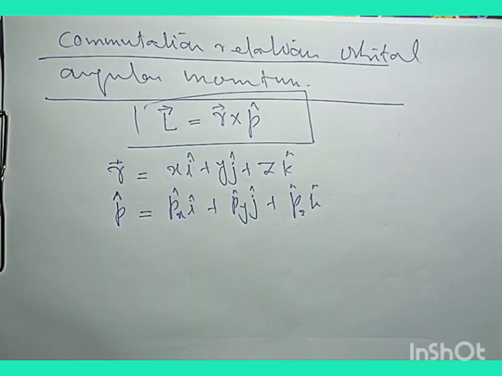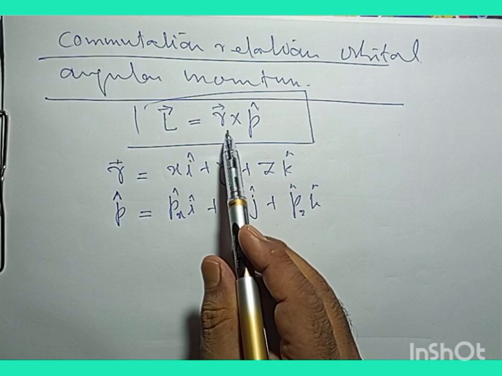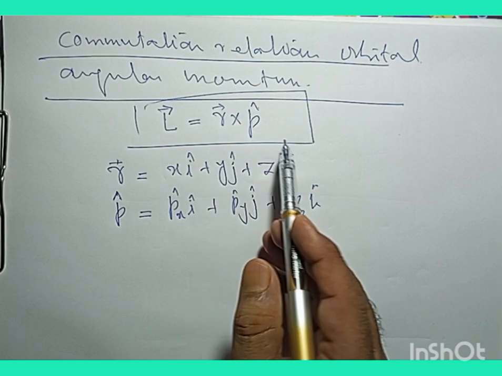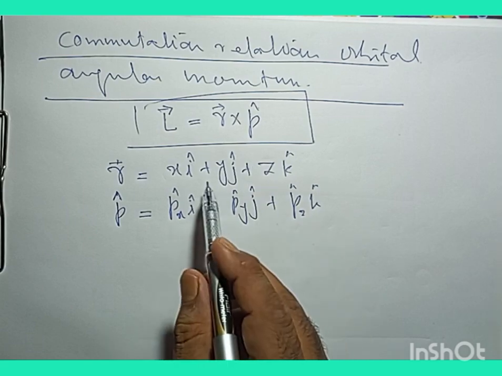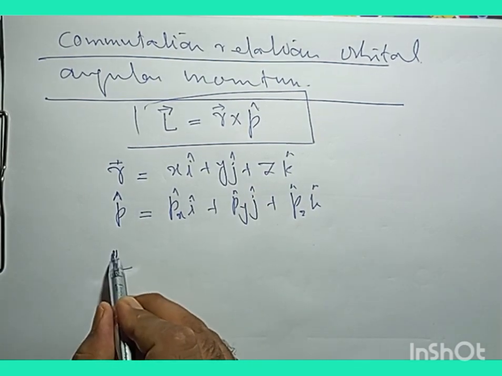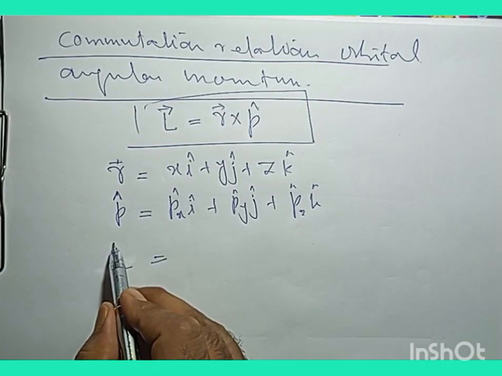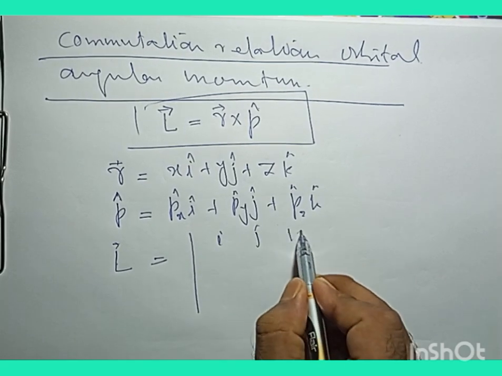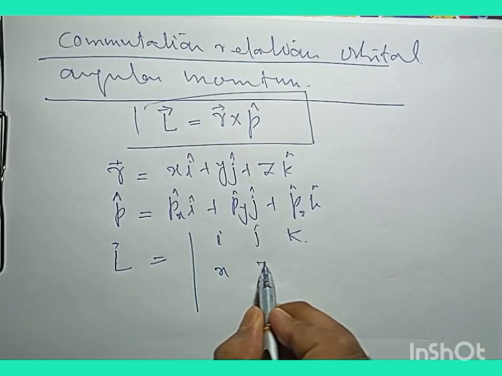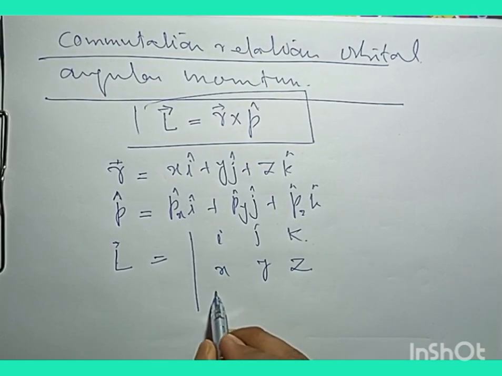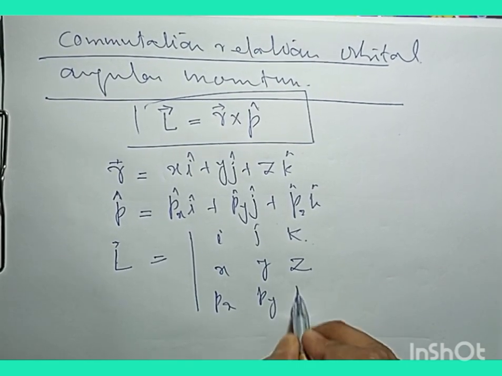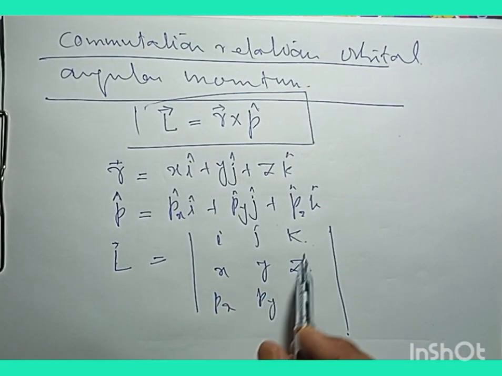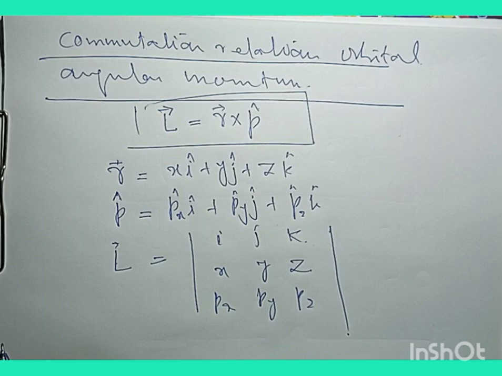So we can resolve this cross product between r and the components of the linear momentum operator by evaluating simply the determinant. So L will give us this determinant: i, j, and k, then x, y, and z, then px, py, and pz. And we know how to evaluate this determinant.